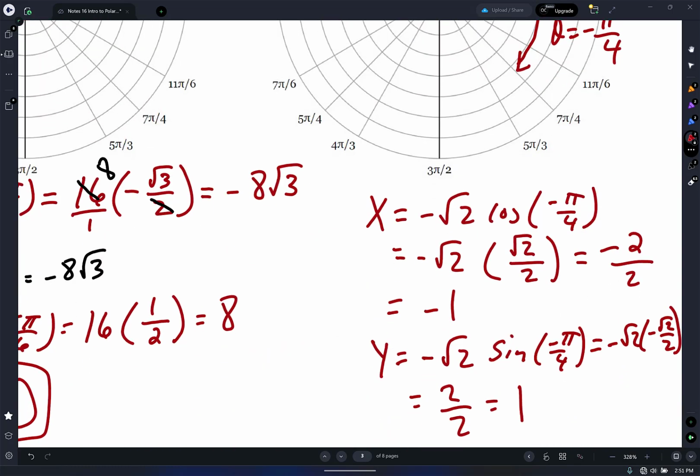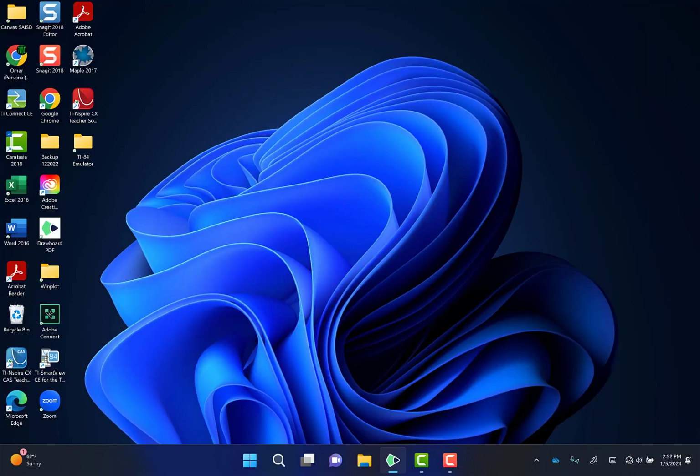Oh, because this is a negative, but the cosine of 7 pi over 4 is a positive, and a negative times a positive is a negative. The evaluation of cosine of 7 pi over 4 is a positive square root of 2 over 2. Here, I'll show you with a calculator, because it is a perfect number anyways.